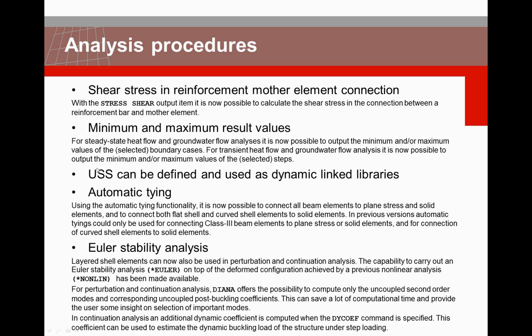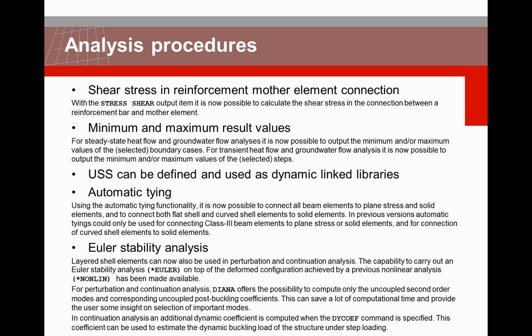User-supplied subroutines can be defined and used as dynamic linked libraries, which gives much more flexibility with respect to the compilers that you can use. So far, we as software developers always wanted to use the most up-to-date compilers that are available, because that gives optimum performance for all our users, and we think that is very important.